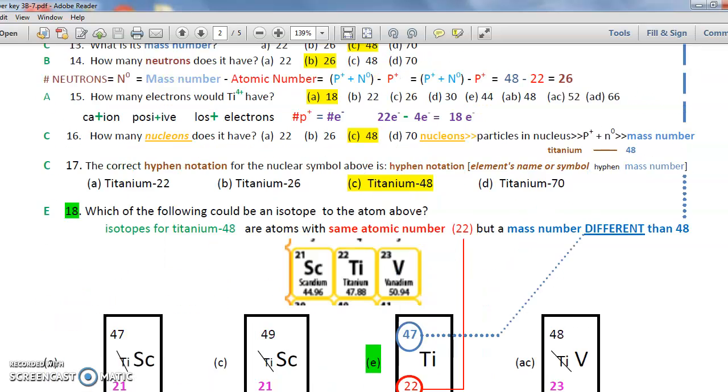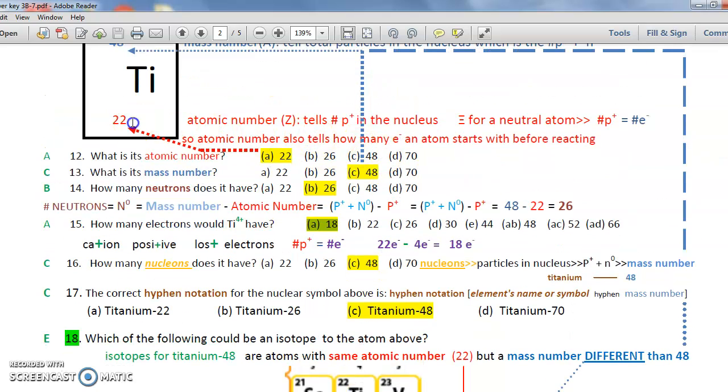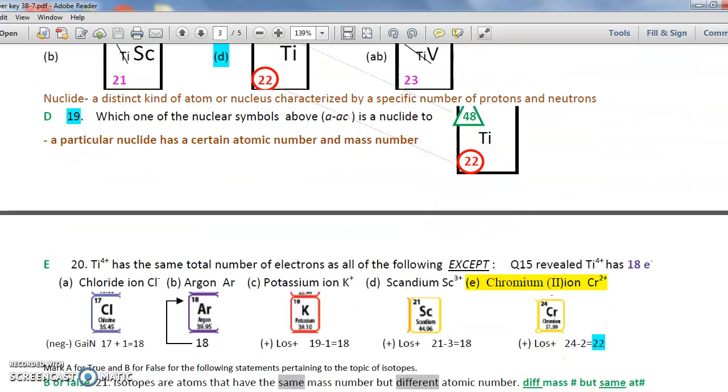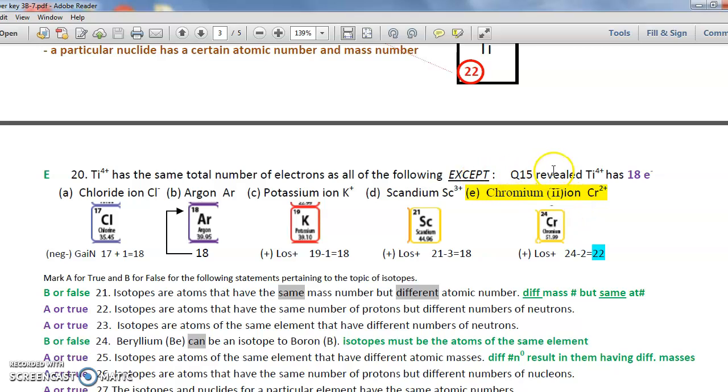In question 15, we learned titanium 4+ has 18 electrons. Where did I get that? 22 protons is what it starts with, so it starts with 22 negatives. But if it's now 4+, it means it lost 4 negatives. 22 minus 4 is 18. So in this question, we are looking for which one of these answers does not have 18 electrons.